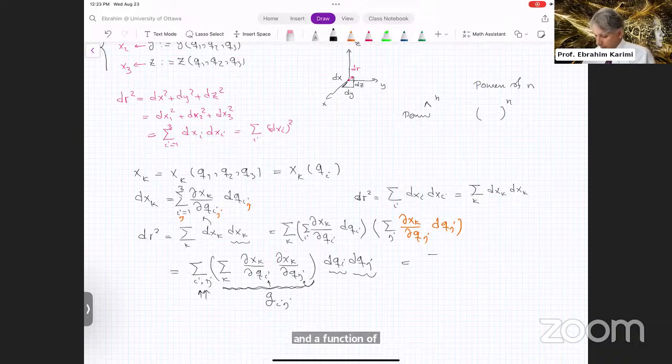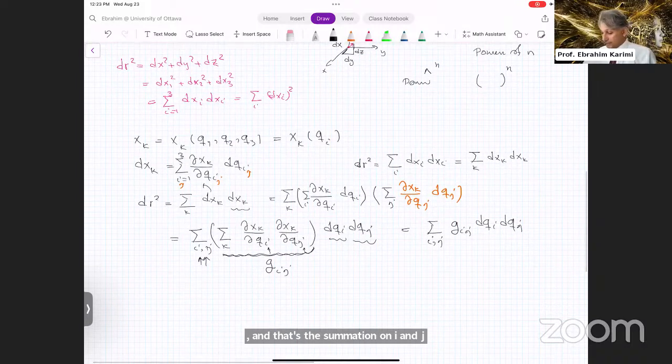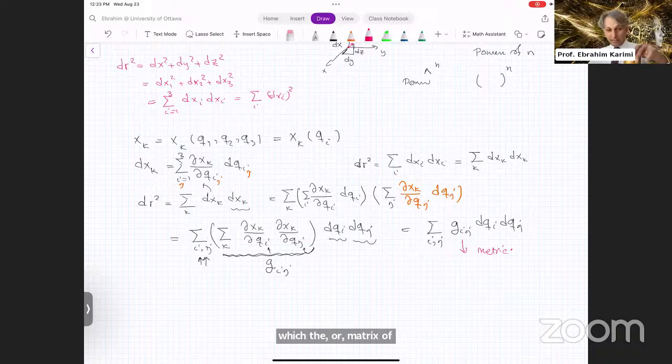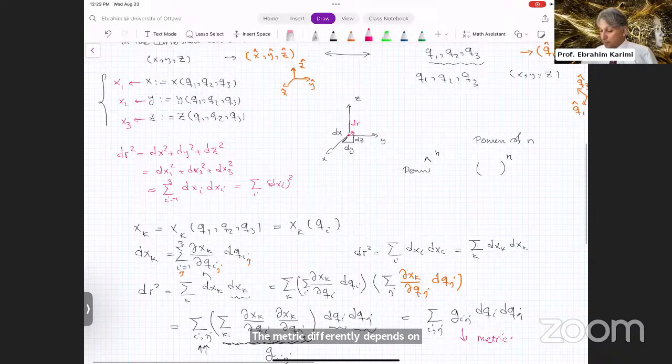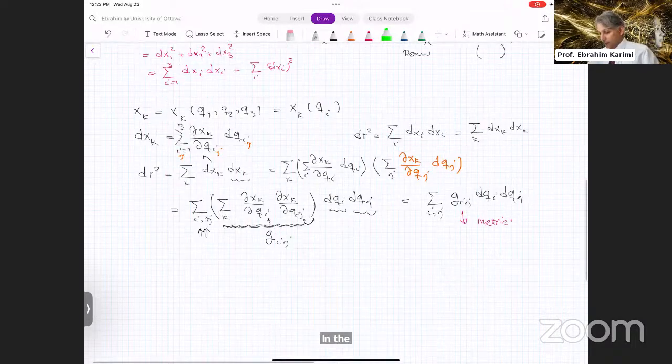So indeed, that will be the summation on gij, dqi, dqj, the summation on i and j. As we discussed, we call this the metric of this space, the metric of the Riemannian space. The metric definitely depends on the form that you build up q1, q2, and q3. In the Q&A yesterday, we discussed briefly how to build this up.